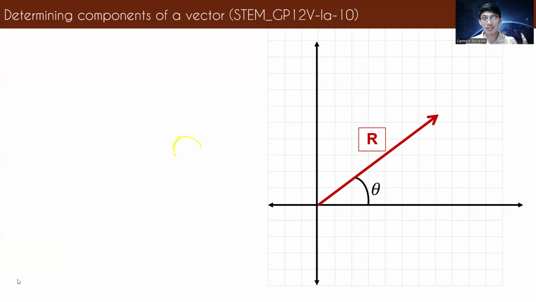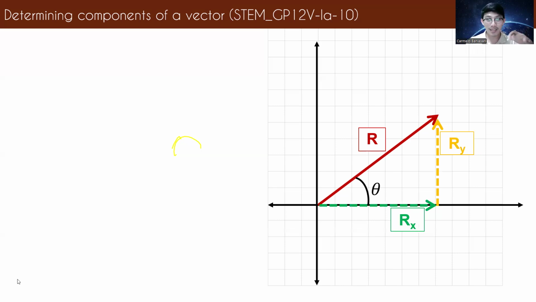So suppose we have vector r with respect to a certain angle, we can determine its horizontal component. Let us call it Rx. That's the horizontal component, meaning that's the component along the x-axis. So that is why there is x in there, Rx. There is also a component along the y-axis, or the vertical component.